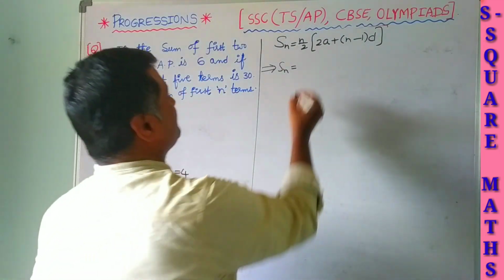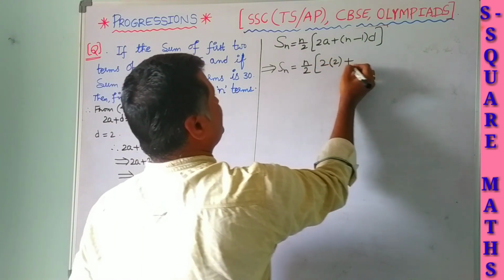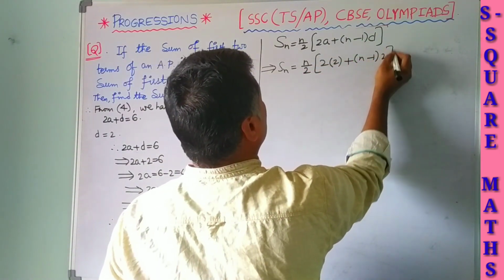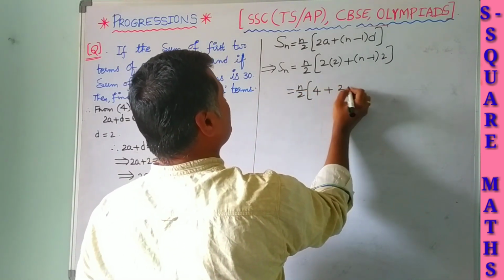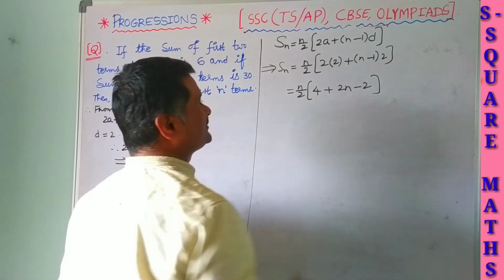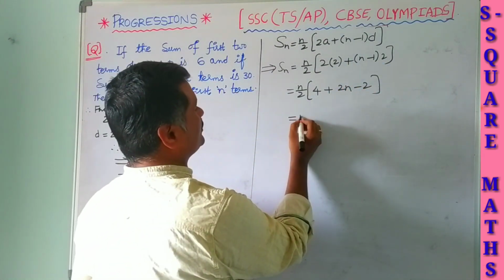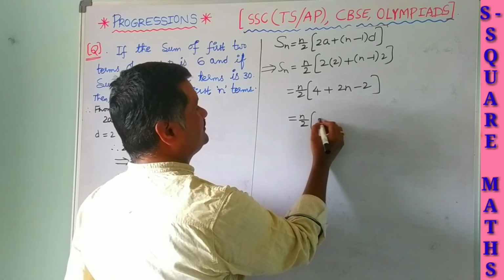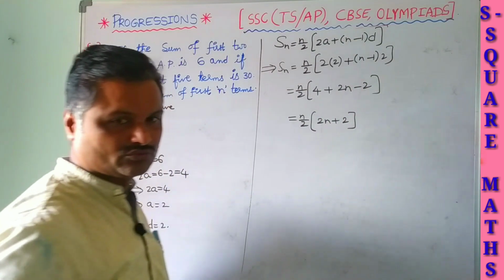So n by 2 into 2 into 2 plus n minus 1 into 2. Again, n by 2 into 4 plus 2n minus 2.